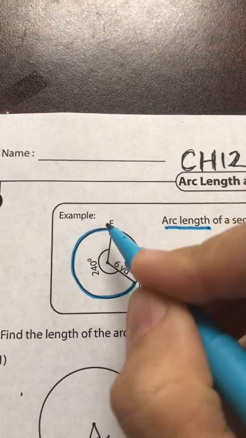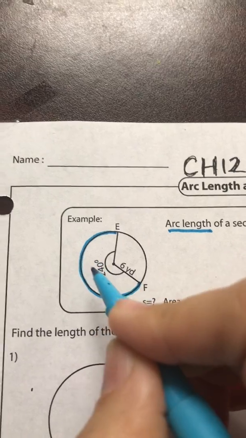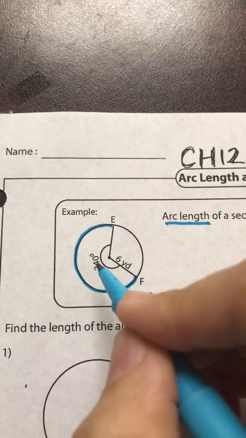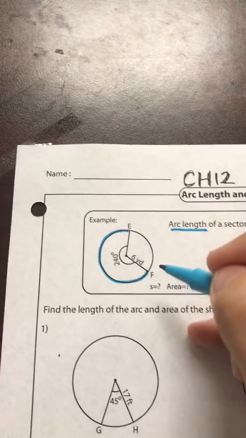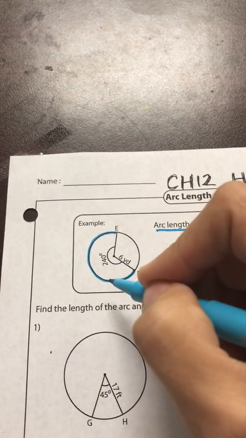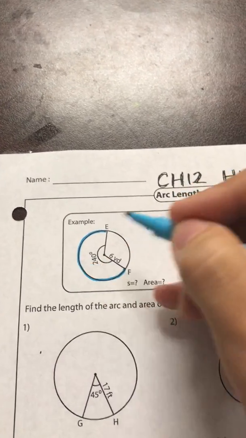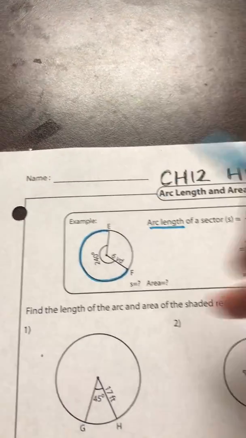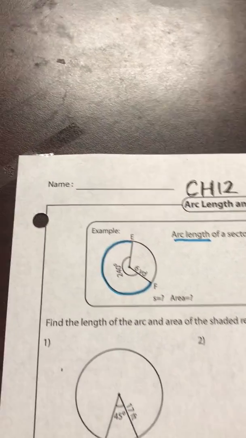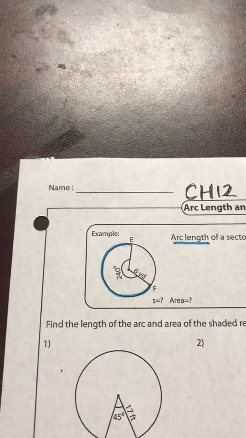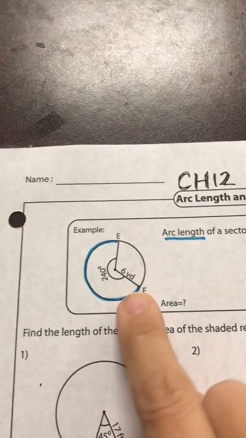So the arc length, we could calculate that, and we could actually say that this blue arc is 240 degrees of arc. It's not the whole circumference, it's just 240 degrees of the whole thing. If we know the radius, we can also figure out how many yards that would be.